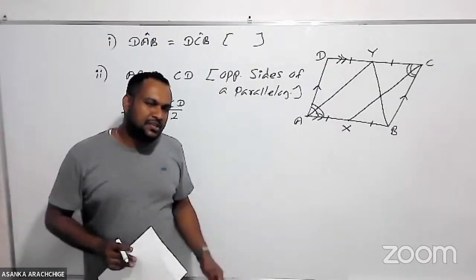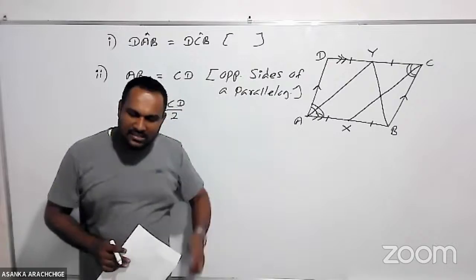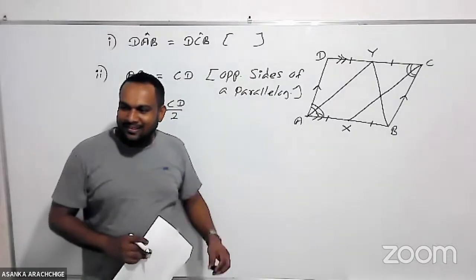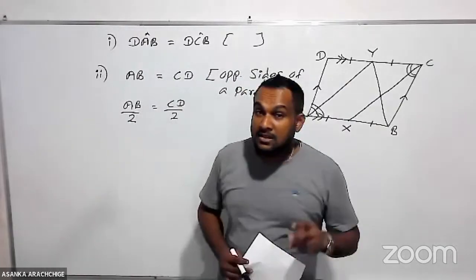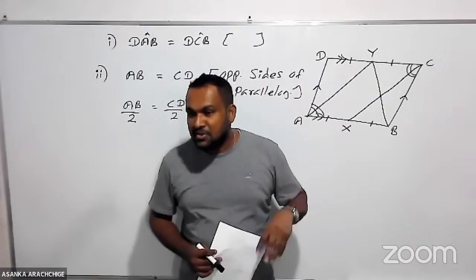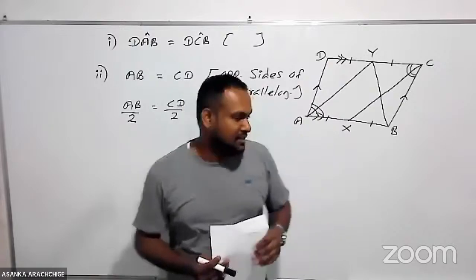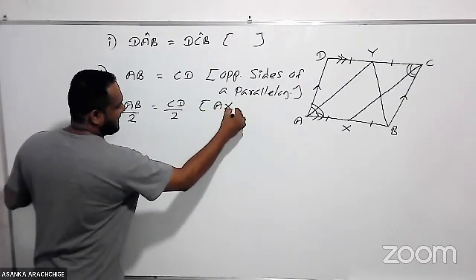Now, which is the axiom coming to your mind? The quantities obtained by dividing equal quantities by the same quantity are equal, no? Right. So you can write the reason as the axiom.